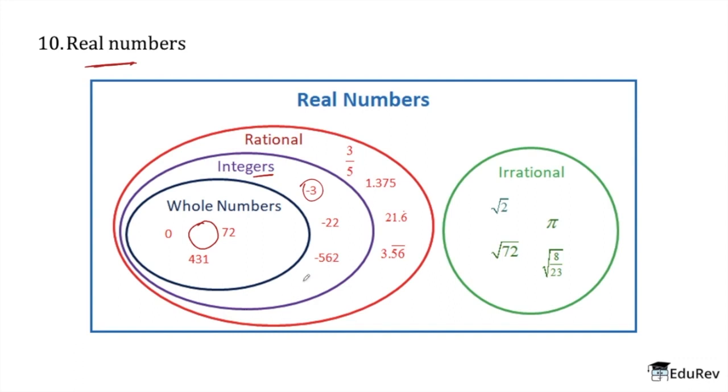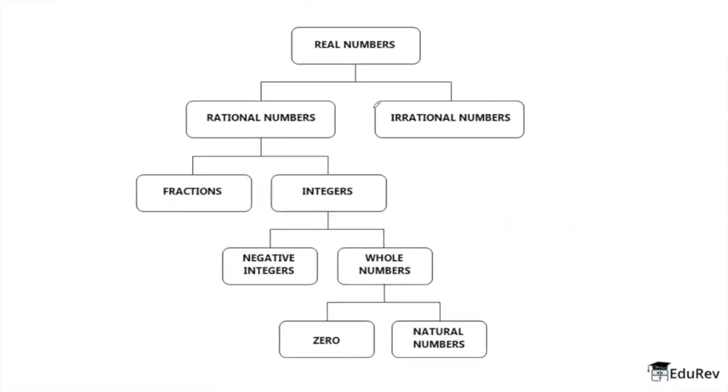Now all the integers plus all the decimal values are going to give you rational numbers. And all the non-repeating and non-terminating numbers, the irrational numbers, will form a separate piece. And combining rational and irrational numbers, we will get your real numbers. So this is exactly what real numbers are. I hope you have understood about the numbers.